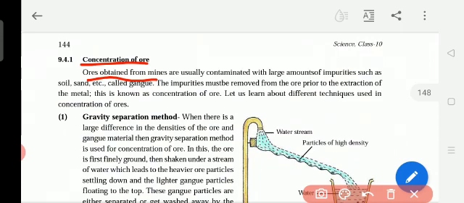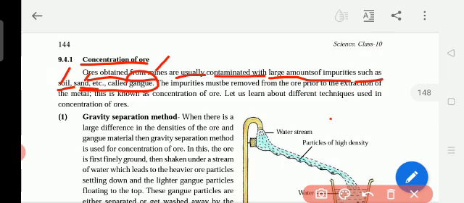The place where the metals or coal are separated from the ores is called a mine. Ores from mines are usually contaminated with a large amount of impurities, dirty materials such as soil and sand. These impurities are called gangue.